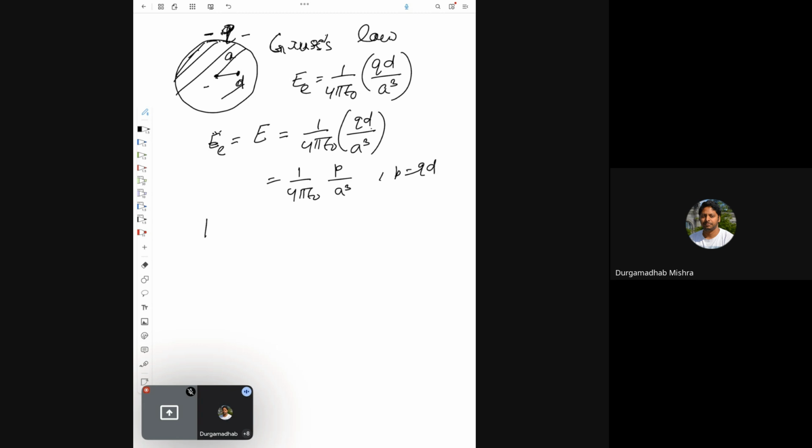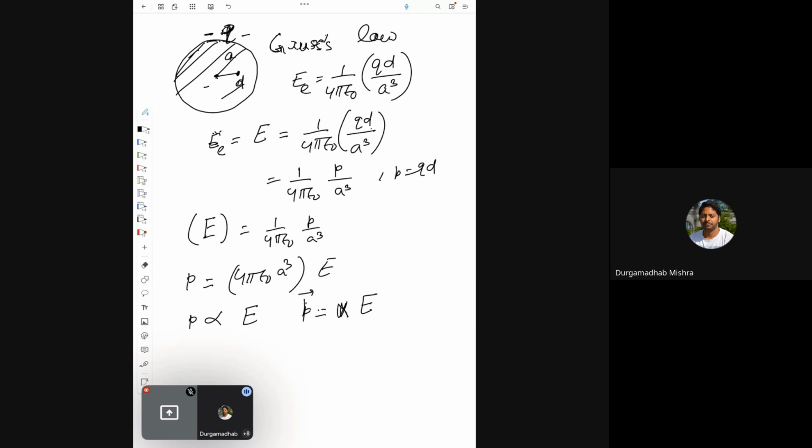So that means E and P are related. I will write P is equal to 4 pi epsilon naught a cubed into E. So my P is directly proportional to the electric field. This relation is given by the term alpha, so P is equal to alpha E. Due to the electric field, you induce a dipole, having a polarizability.